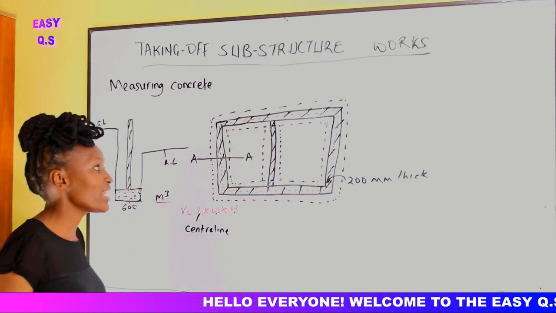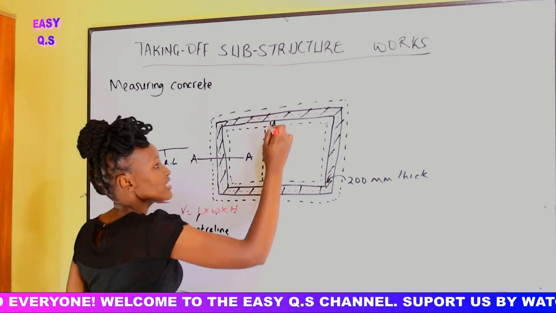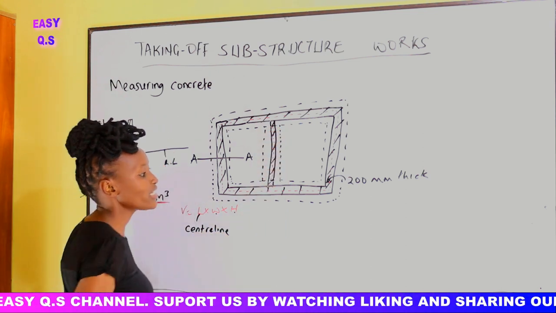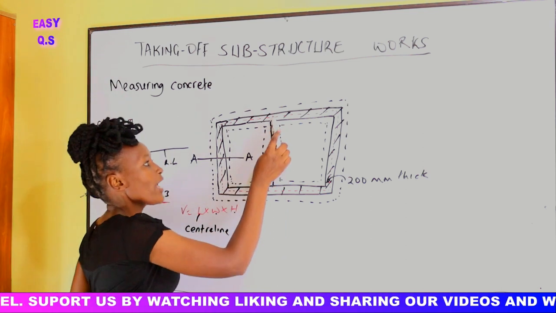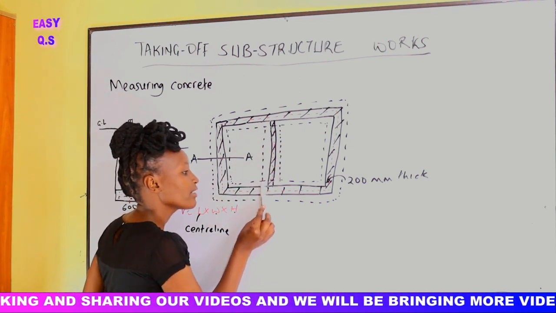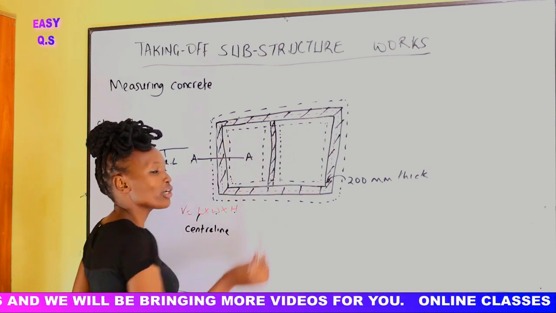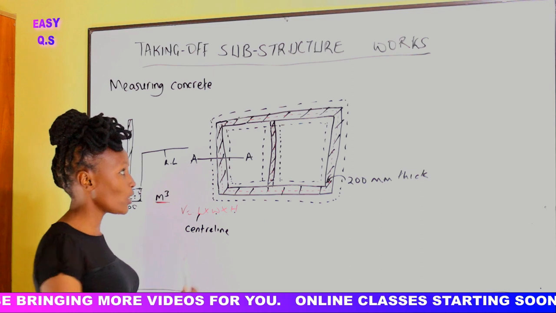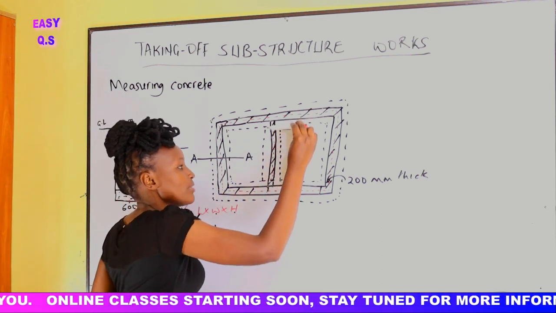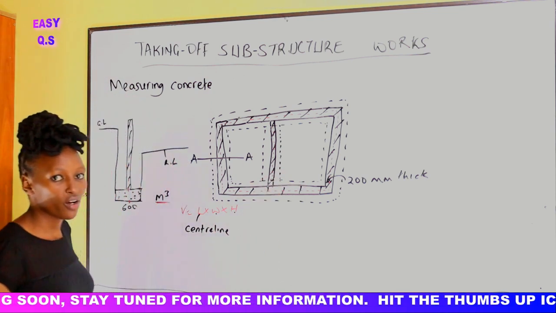So we shall take the center line of this trench, which is at the center. Not very keenly, it is not from here up to here, because this whole area already has concrete. So when we are accounting for the concrete in the internal wall, we shall measure from here up to here. So this shall be the length times the width times the thickness of the concrete.